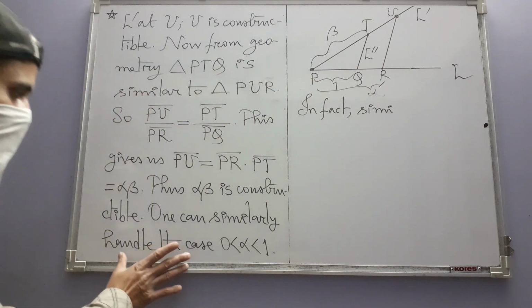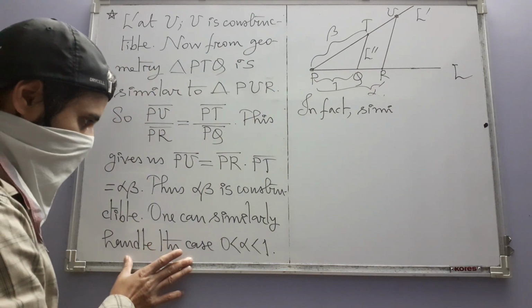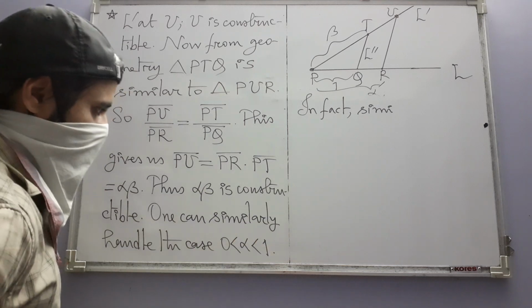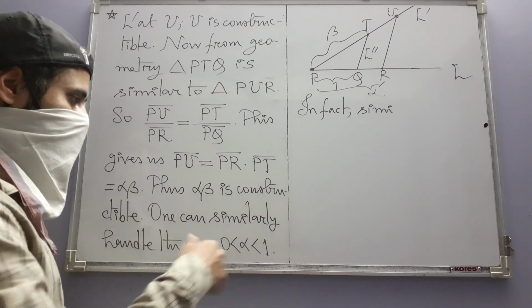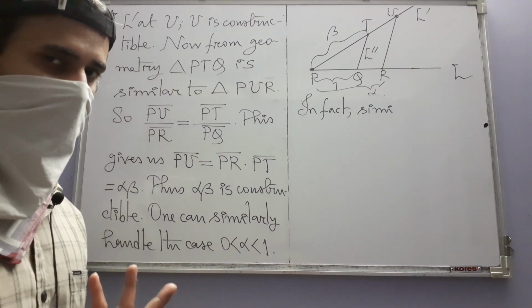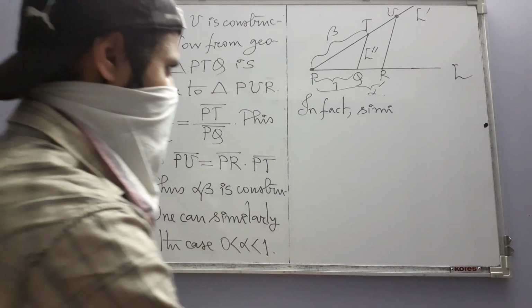Should I conclude here once more that hence alpha beta is constructible no matter what alpha and beta are? I don't think that is needed, that is understood.